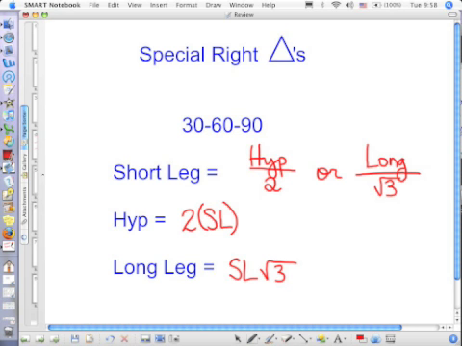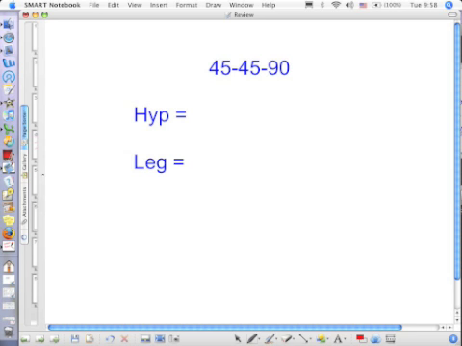Yes? And then we'd have to fix that for the final answer because you can't leave it. All right, in a 45, 45, 90, yes, there are 3 sides to the triangle, but the legs are equal to each other, so we just say leg. The hypotenuse is equal to a leg multiplied by the square root of 2.